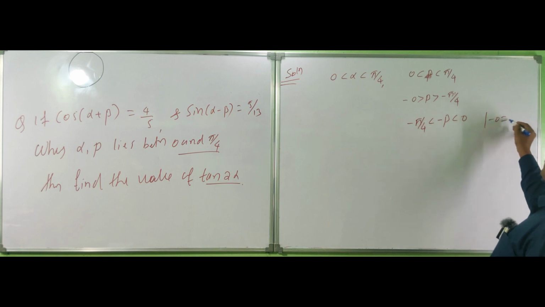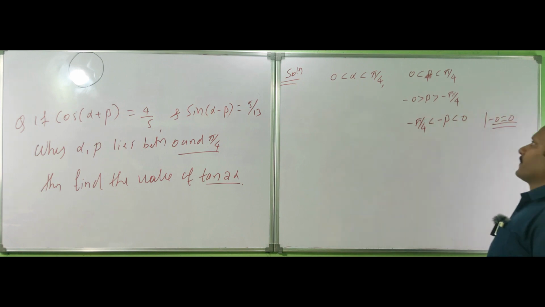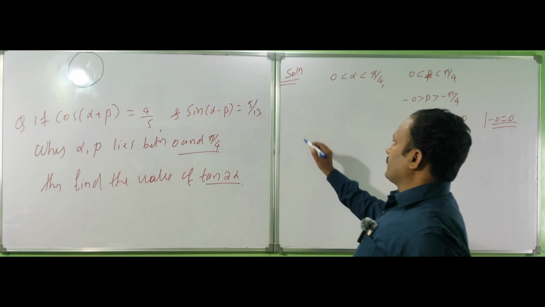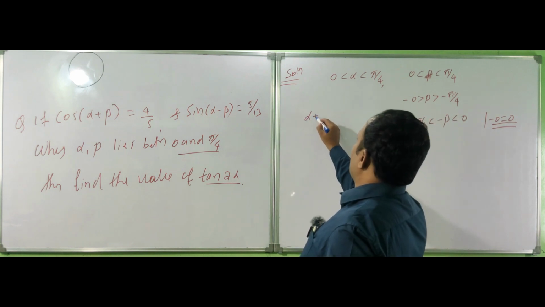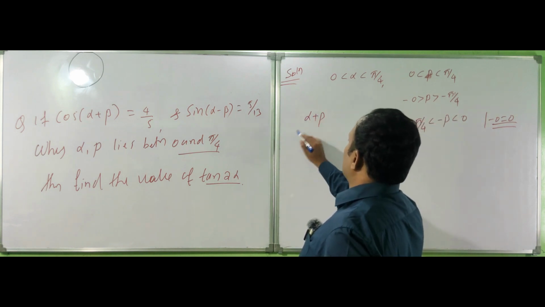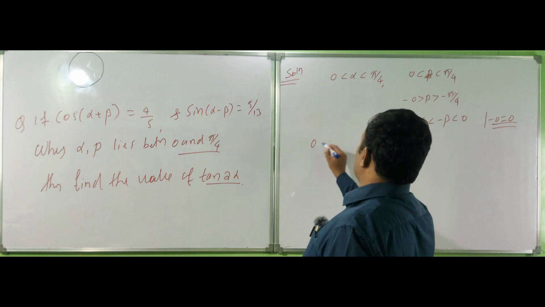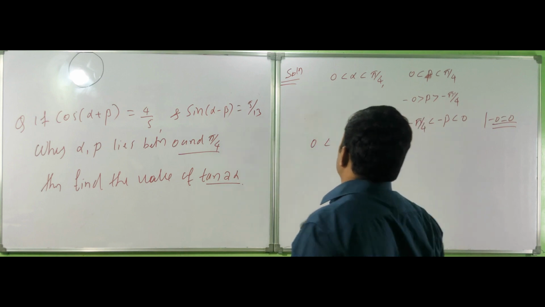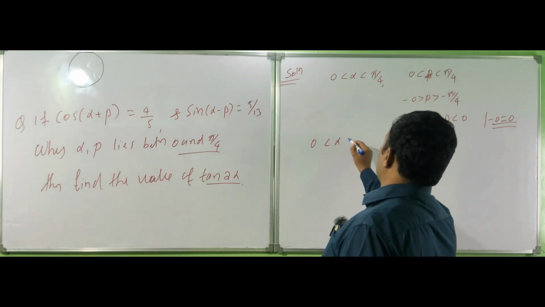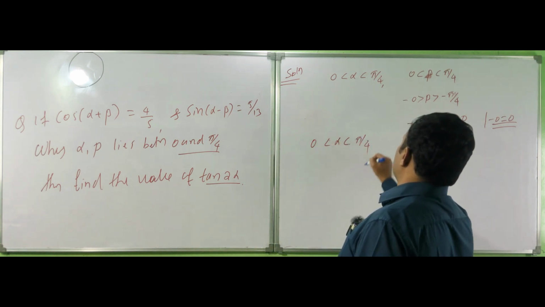Therefore, 0 is less than alpha, which is less than pi by 4.